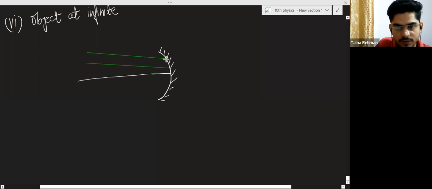So these rays will pass like this, like this, and this ray will be like this. So here these rays are meeting.